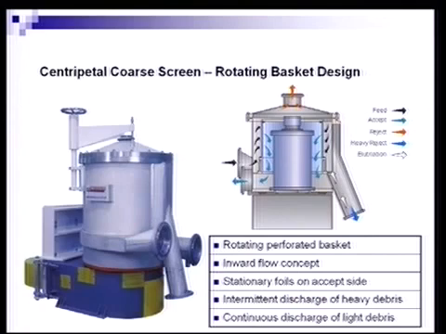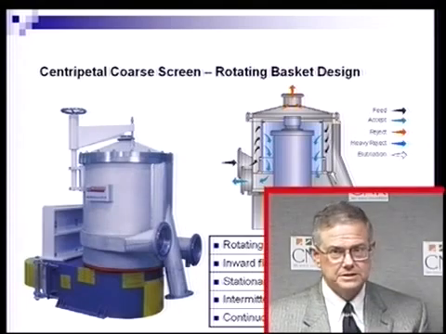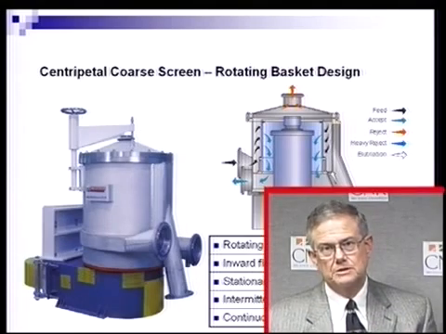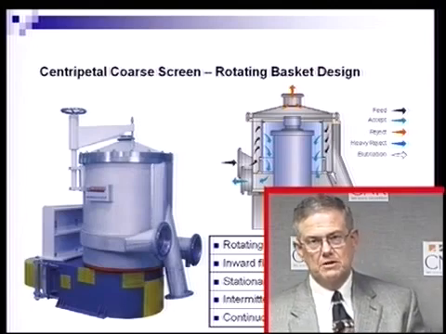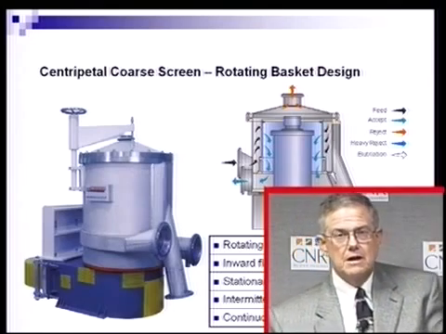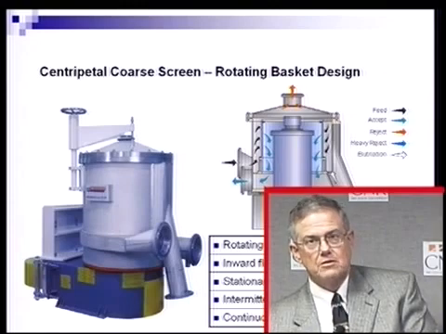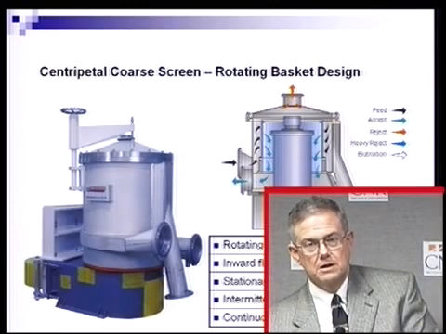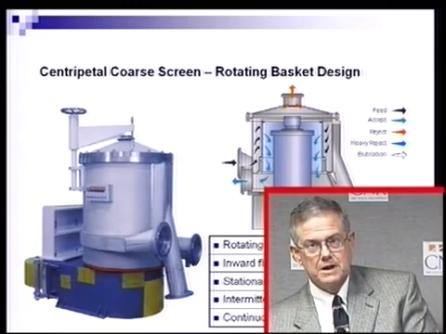That's a very good thing when you're dealing with stringy contaminants, when you're dealing with a lot of flakes, when you're dealing with styrofoam that comes in big pieces that you want to remove. So any lightweight contaminants are removed off the top of this centripetal screen, and the fibers are taken off through the center and down towards the accepts, or away from the accepts.